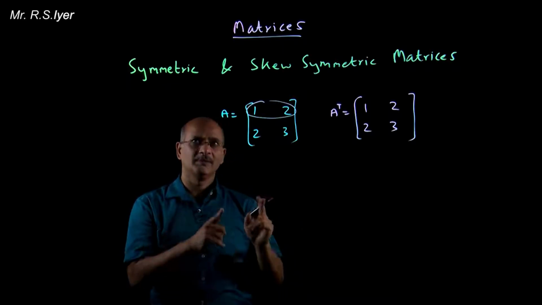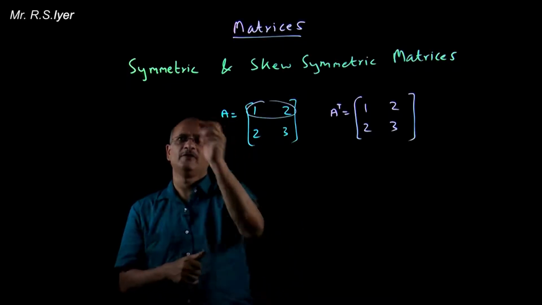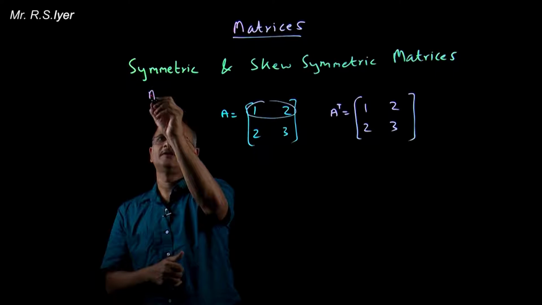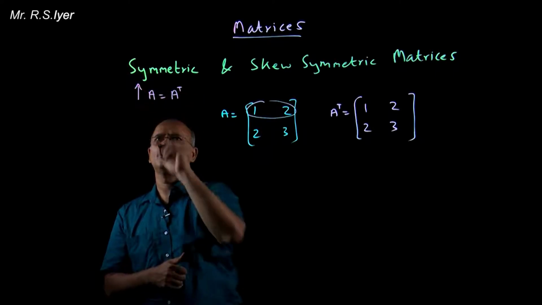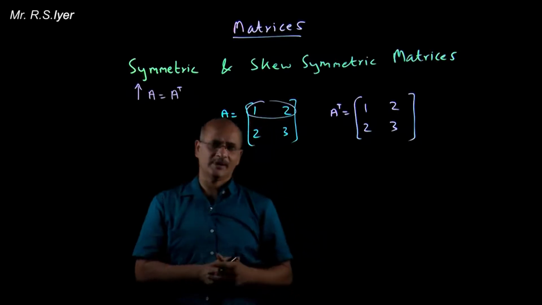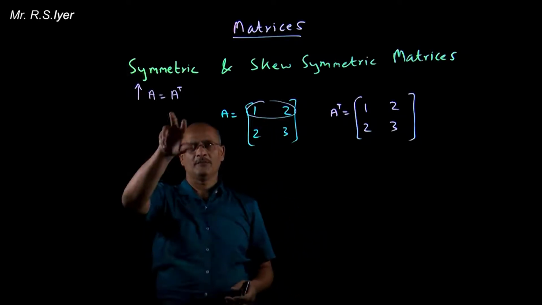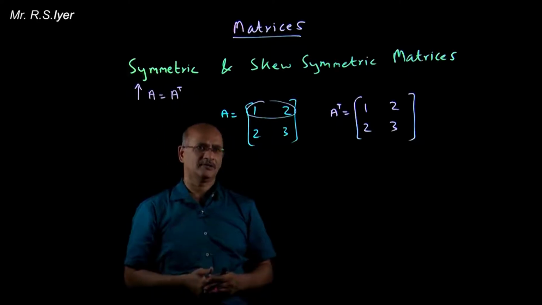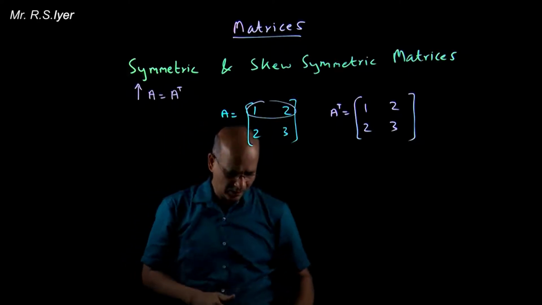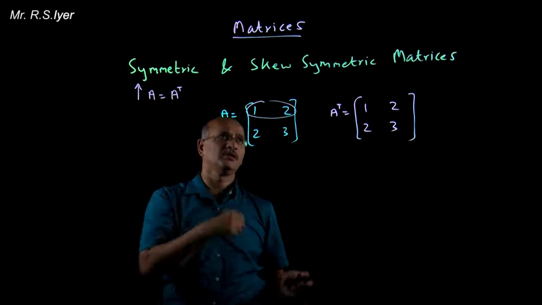So keep that in mind, whenever a matrix is equal to its transpose, it is nothing but a symmetric matrix. Now similarly, what is a skew symmetric matrix?